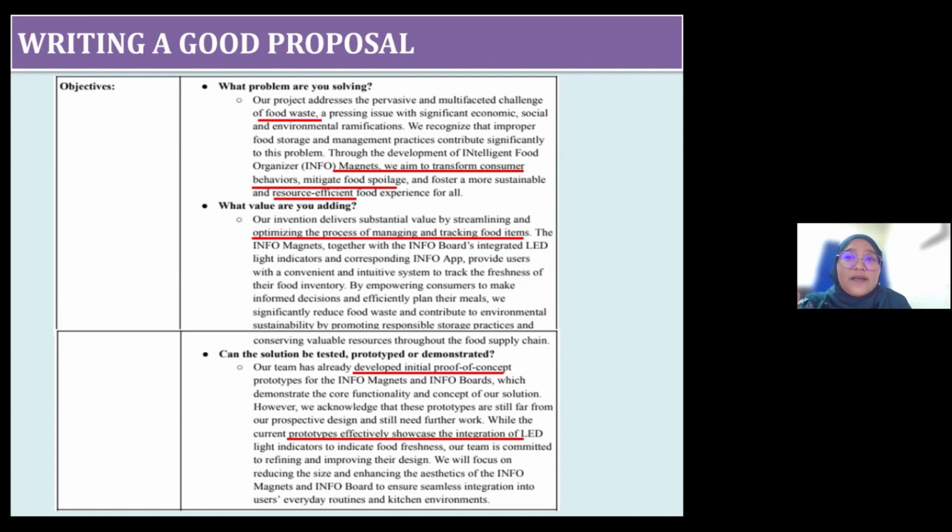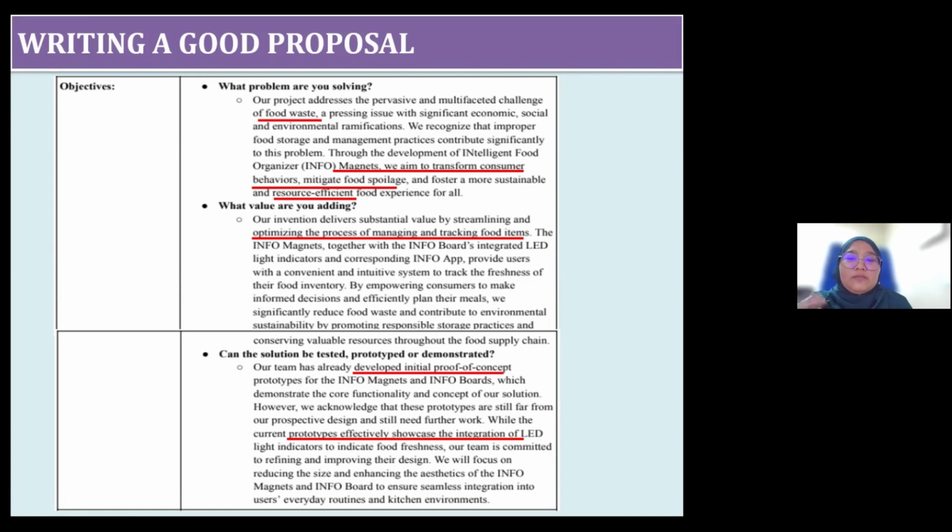They also elaborate here in this subcomponent of the objective that they are going to enhance their prototype with some integration of, for example, a new LED light indicator, and so on. They also mention they focus more on reducing the size and enhancing the aesthetics of the info magnets and info board.